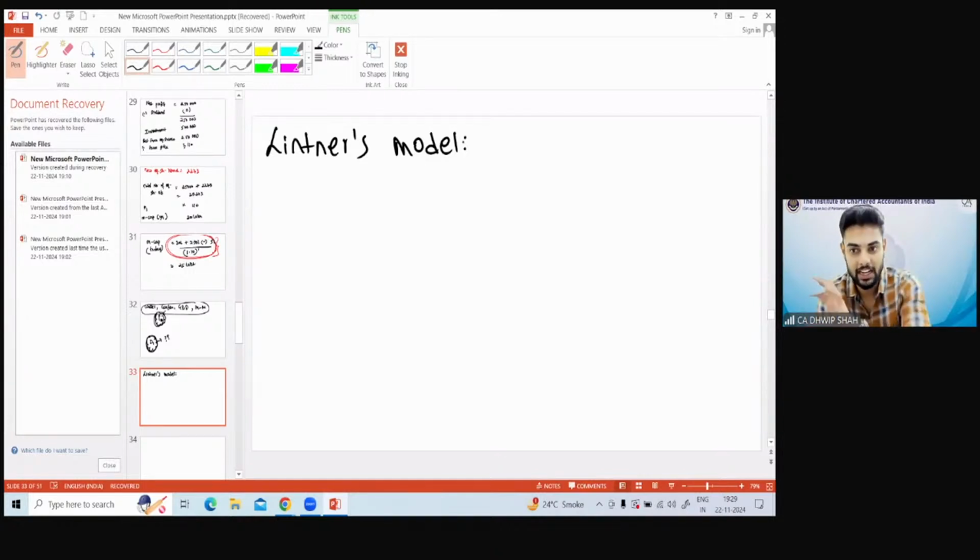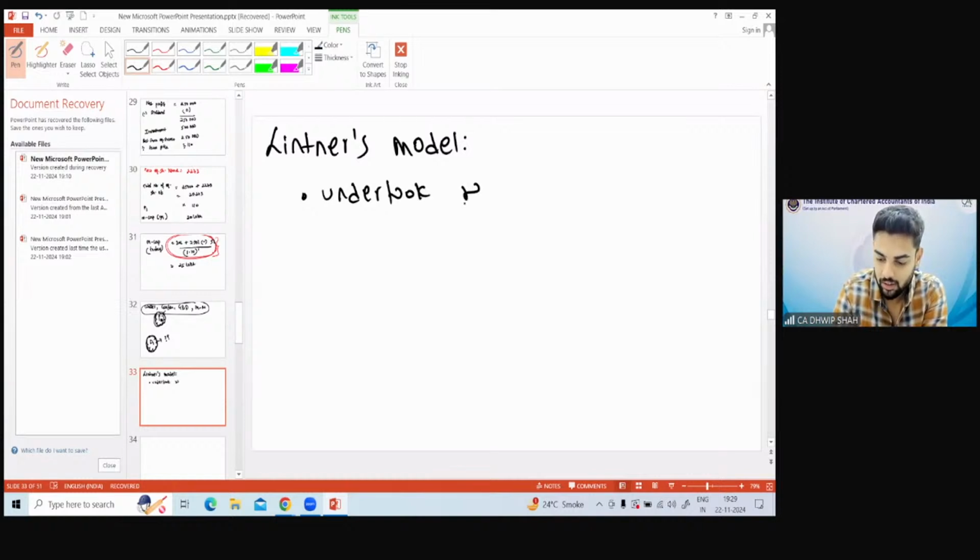So instead, let's properly understand the whole background, the whole approach of Lintner. So what Lintner did, Lintner practically undertook a survey and research of various financial managers.